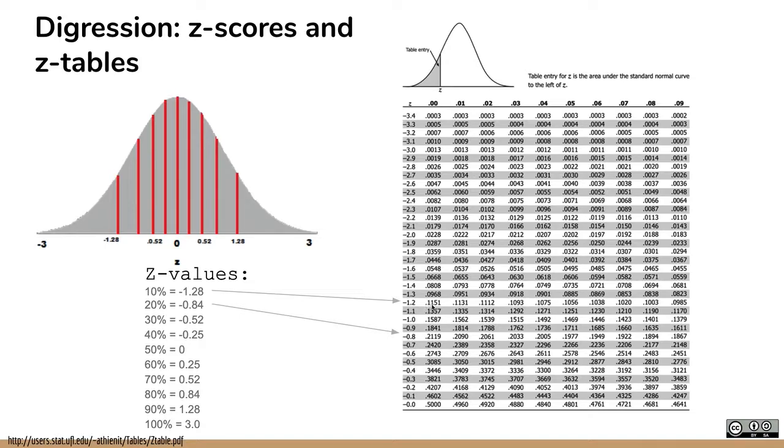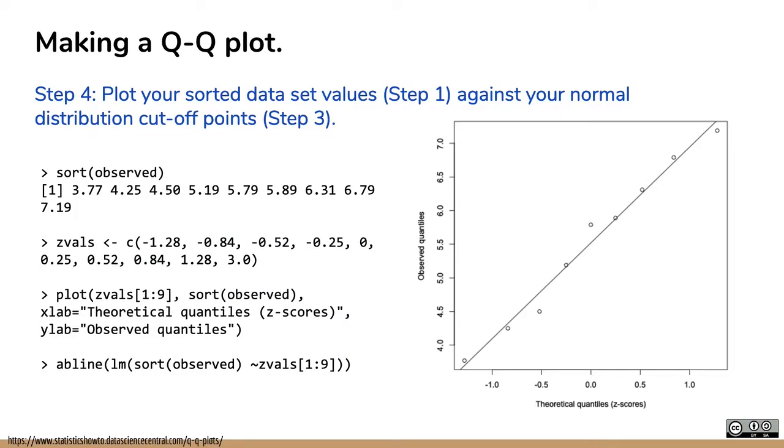So the z-score associated with 10% of the data is somewhere between z equals -1.2 and z equals -1.3. And it turns out that the exact z-score that comprises 10% of the data in a standard normal is -1.28. Does that make sense? So when we go to look at the QQ plot, the first point on the theoretical quantiles associated with our first observed value will be -1.28. Okay? I hope I'm right about that.